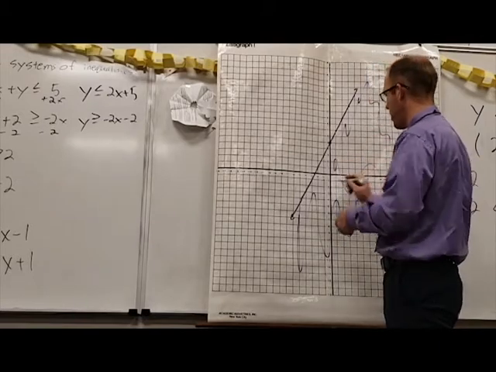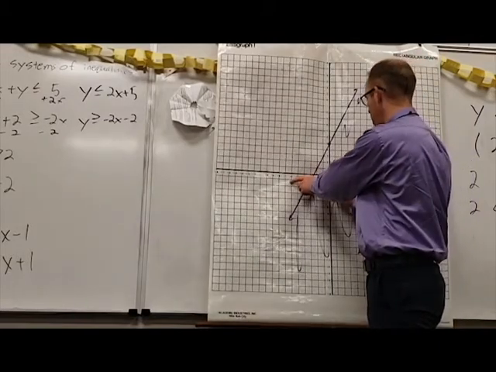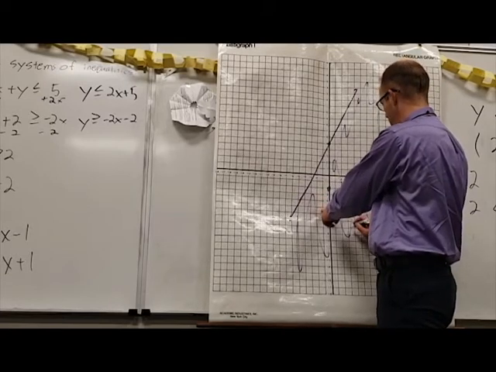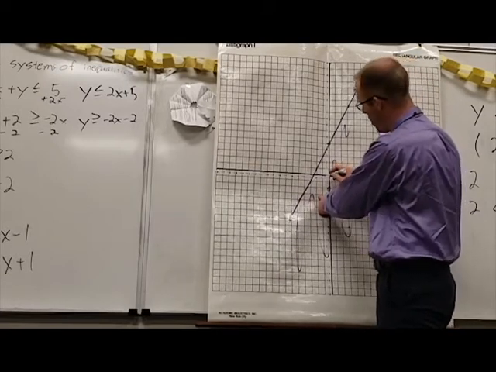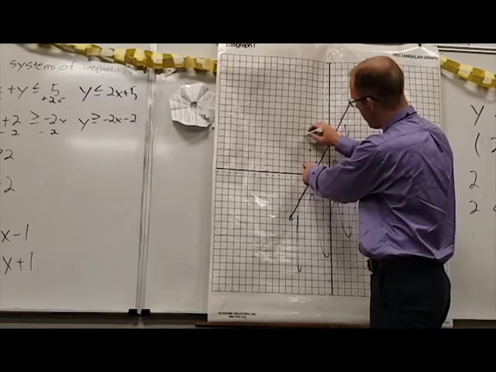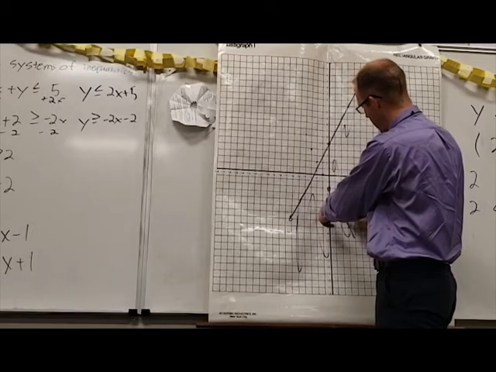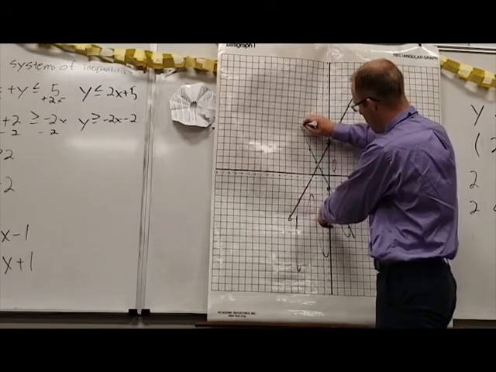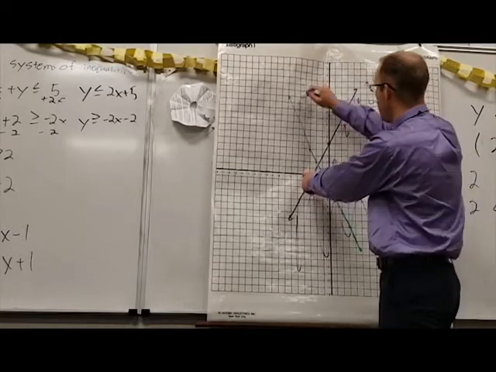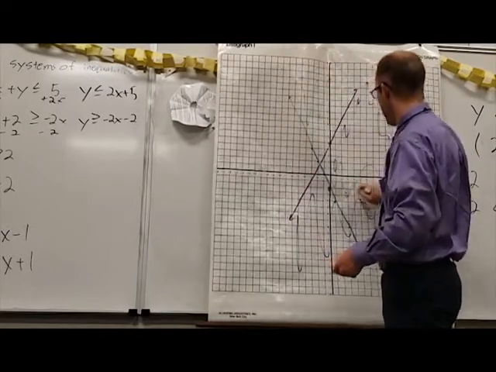Our y-intercept is negative 2 this time. Our slope is negative 2, so we're going to go down 2 and right 1, or up 2 and left 1. And we have a solid line because we have the equal sign on there. So we're allowing the line to work. And then we're shading above, so that would be up in this area.